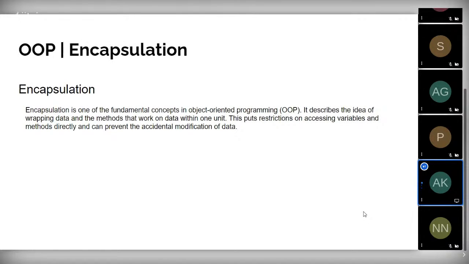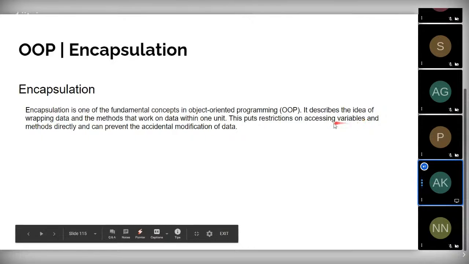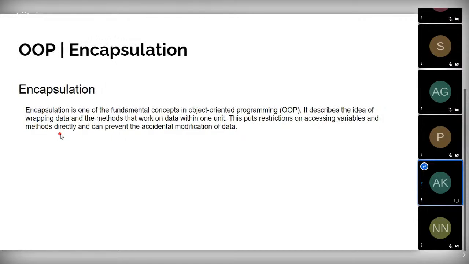So we should not give the access of every variable and method of the class to another part of the program. We will give only the access of those variables and methods that are needed. This principle is called encapsulation.